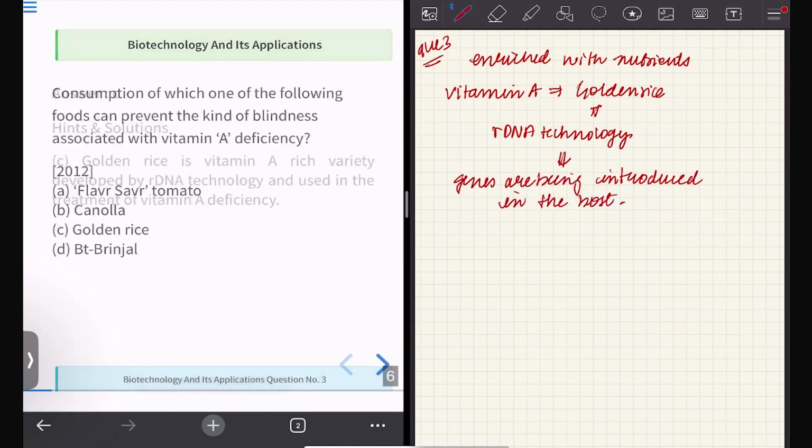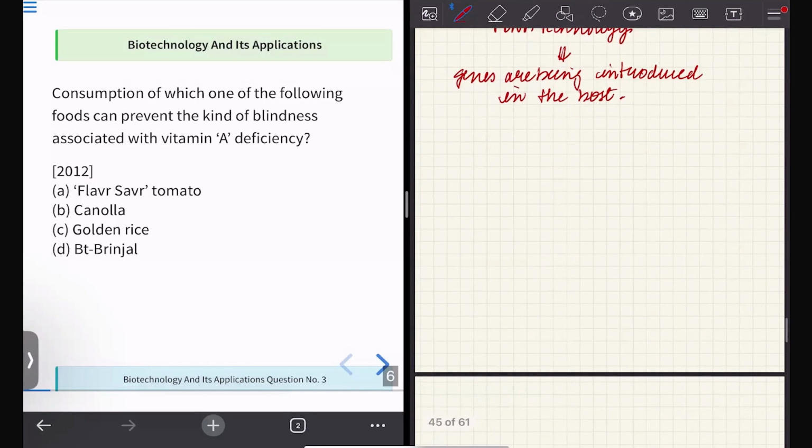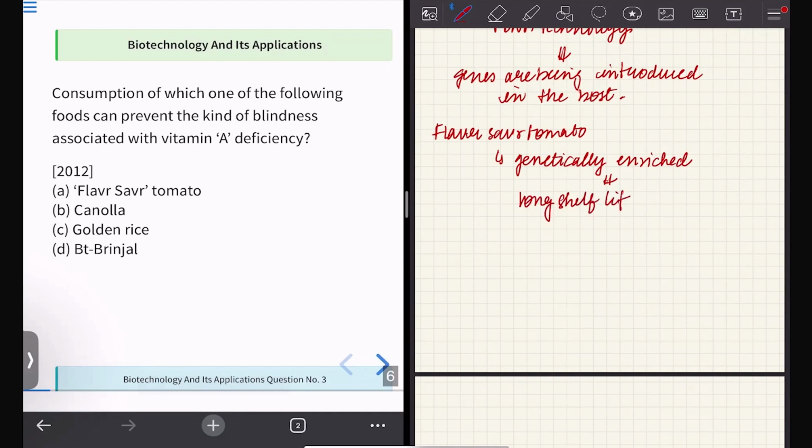Okay, so looking at the other options, we have Flavr Savr tomato. It is also an example of an enriched species of tomato. So this particular species is also genetically enriched. But what is the benefit of this particular tomato? It has a long shelf life. Okay. So it doesn't ripen or get bad very quickly.